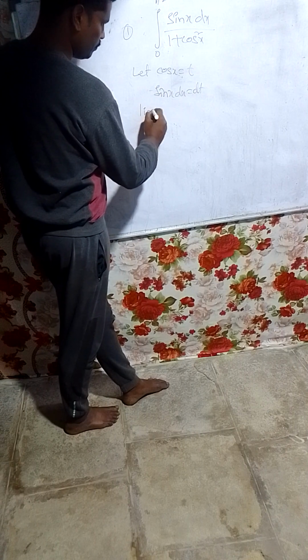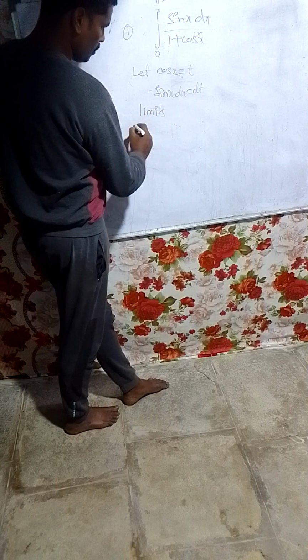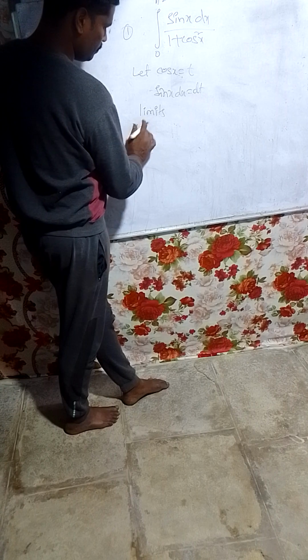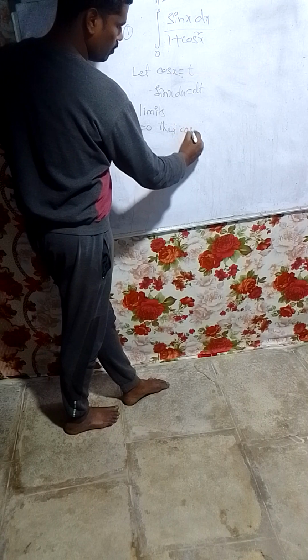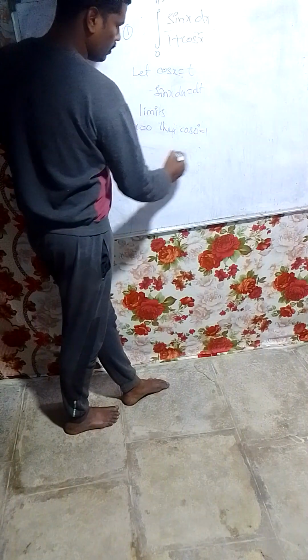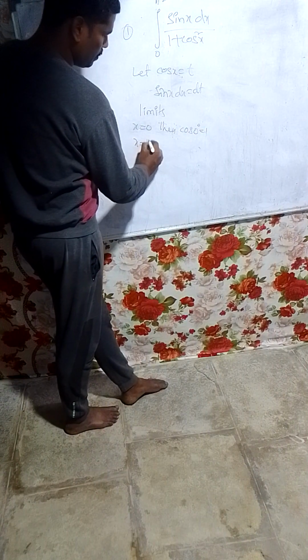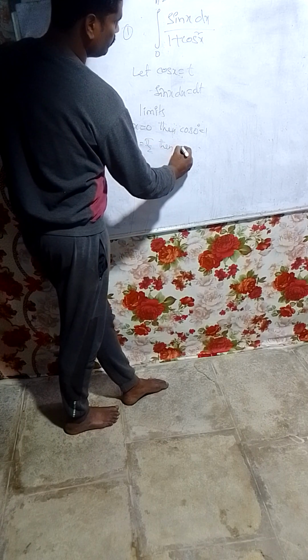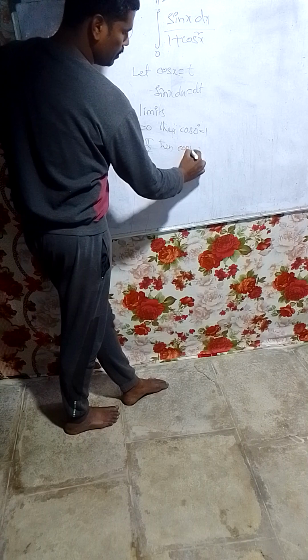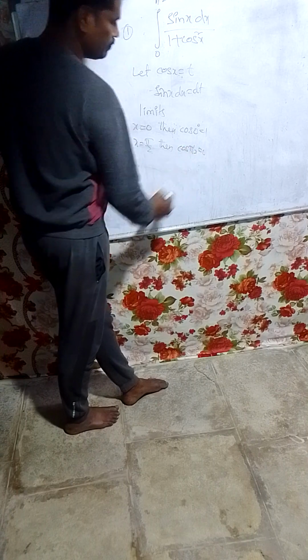Limits: x is 0, then cos 0 is 1. X is pi by 2, then cos pi by 2 is 0.